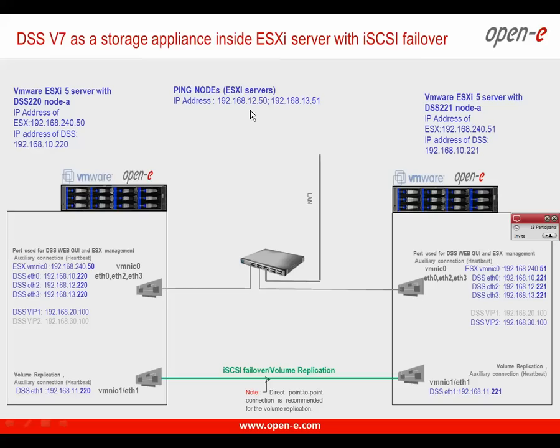So 50 will be residing on the left ESX server, and 51 will be residing on the right side of the cluster, and 12 will be covering the 12 subnet, and 13 will be covering the 13 subnet. Please note the storage cards: I will have the virtual IP on ETH2 and ETH3. That's the storage access card, covered by ping nodes.